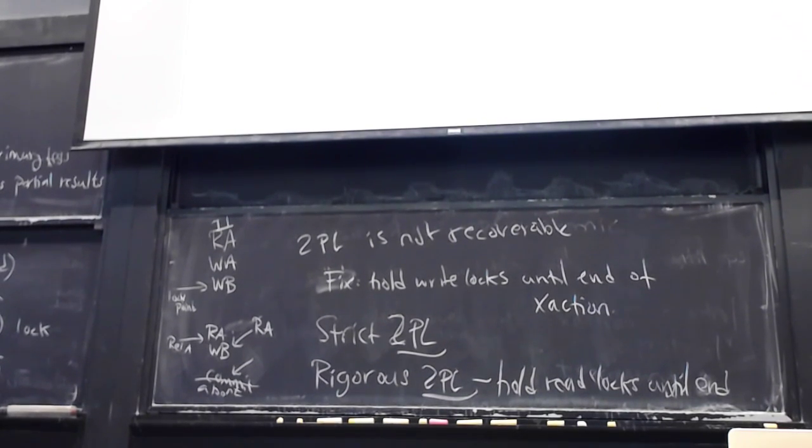Yep. So in this model, if you only do writes, you still do not acquire a read lock. You don't need to acquire a read lock if you do writes. That's true. Why do you ask? Because given that we hold everything until the end, I was wondering why you actually needed to have two different models.